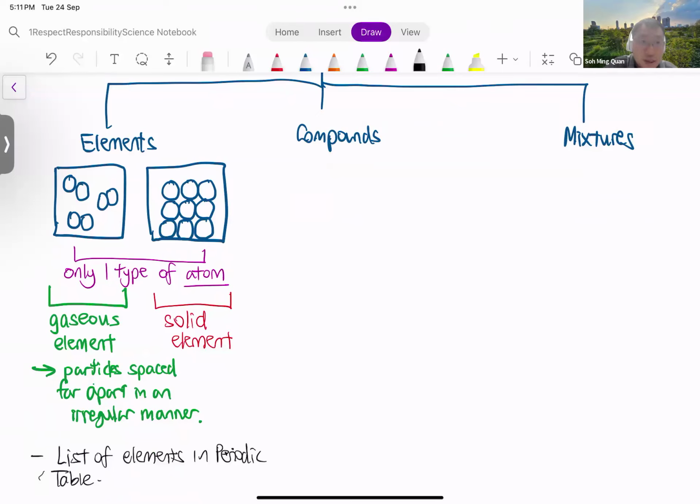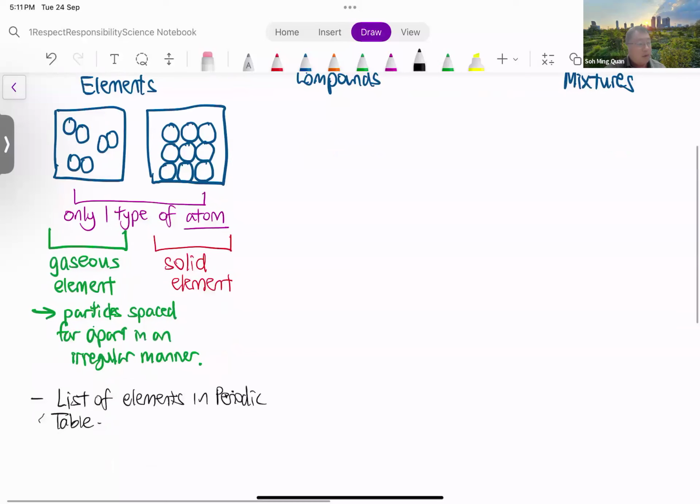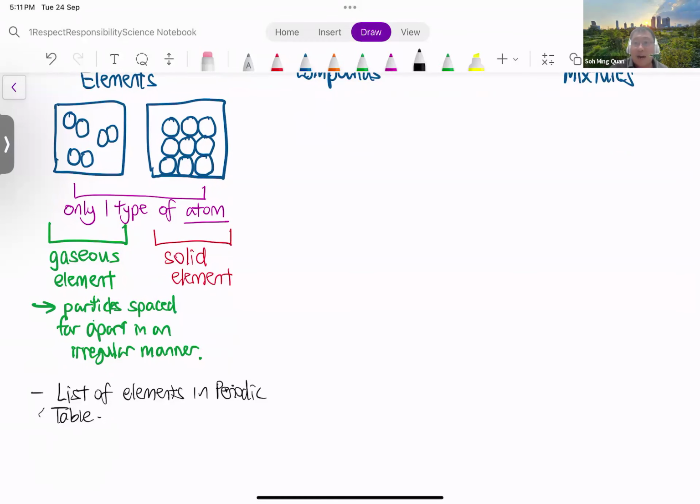For instance, you can find hydrogen, oxygen, nitrogen, magnesium, sodium, lithium, and so on. If you can find it in the periodic table, it's an element. So iron is an element. Copper is an element.